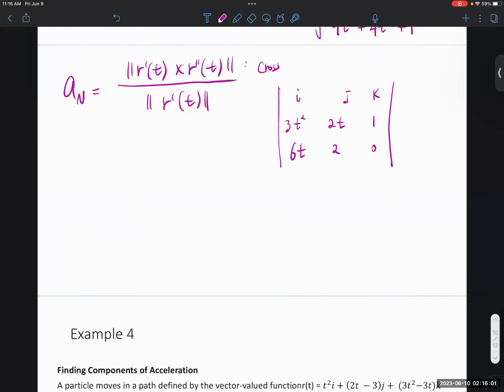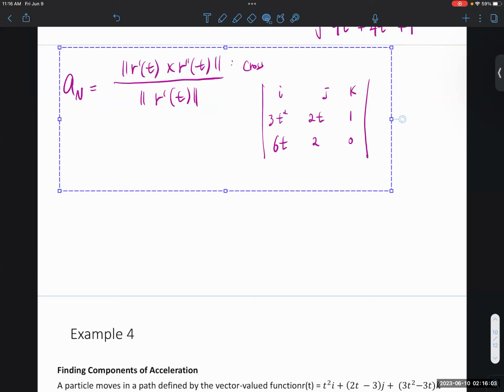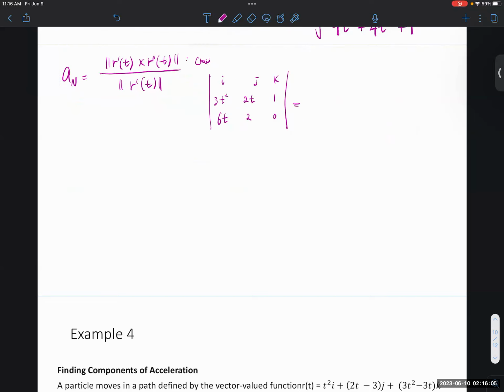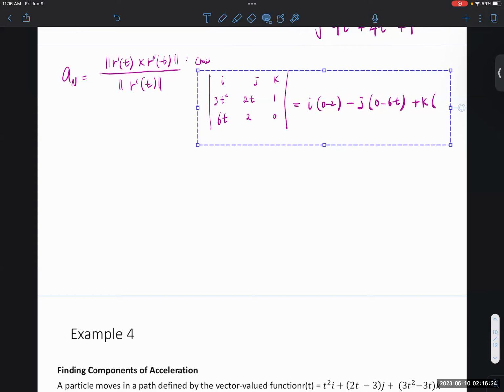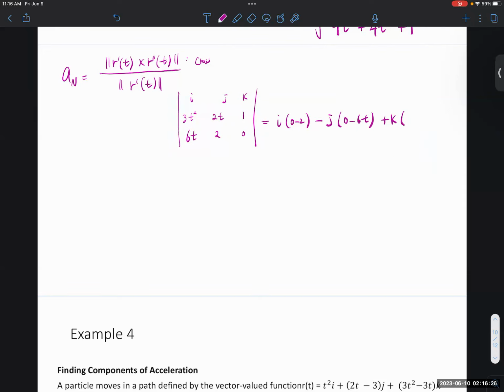Once you do that, it is going to be i times (0 minus 2), minus j times (0 minus 6t), plus k times (6t squared minus 12t squared).